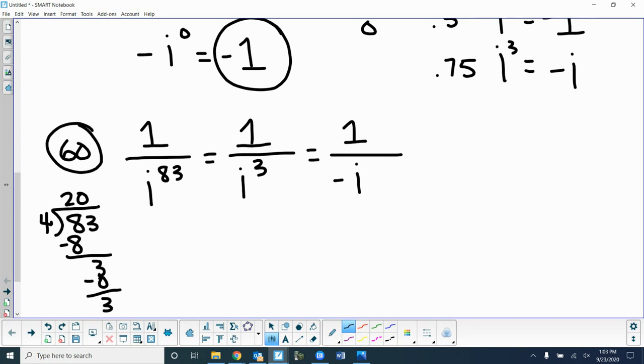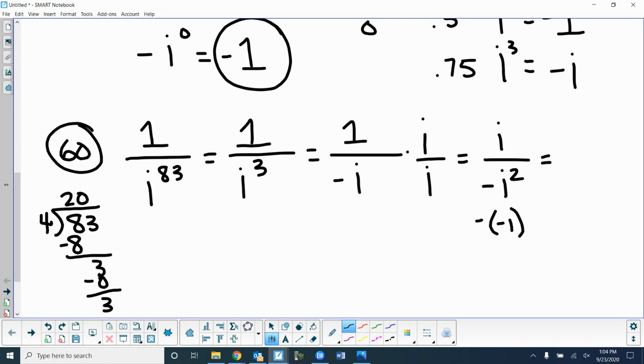Am I allowed to leave my answer like that? No, that's what we were talking about yesterday, right? We can't have i's in the denominator. So then I have to do that i over i thing, multiply by. So 1 times i is i. And negative i times positive i is a negative i squared. Well, what is negative i squared? There's a negative sign, and i squared is negative 1. So what happens?